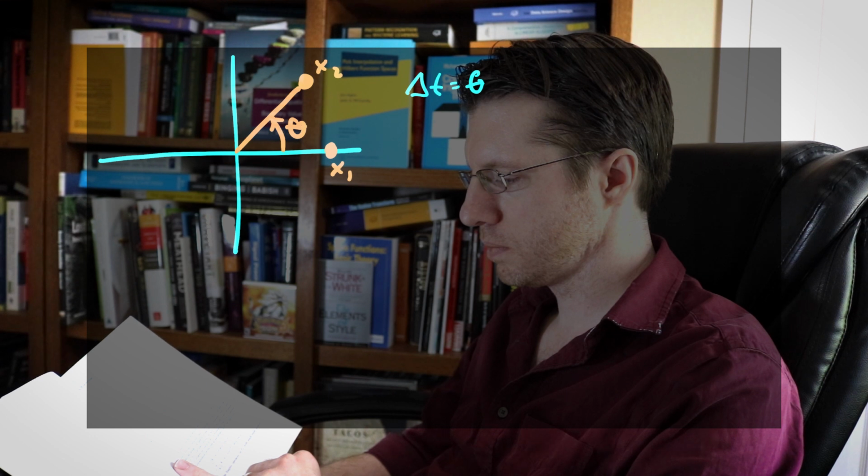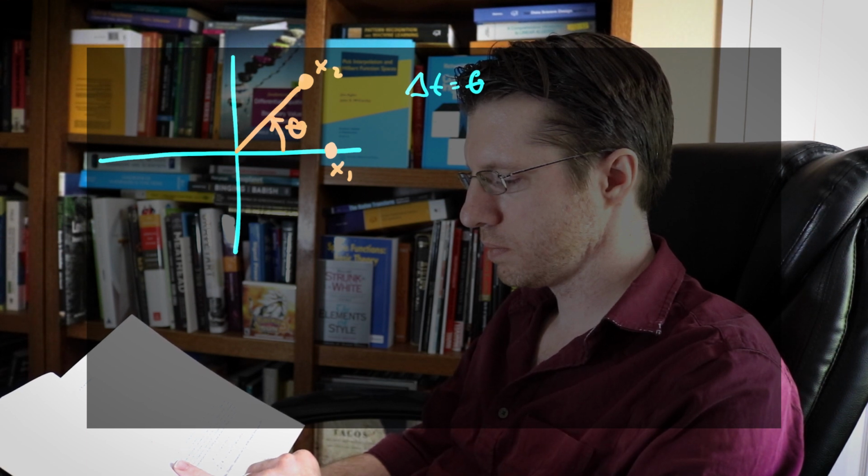We're going from, say, time point t1 to time point t2 by a difference of delta t. In the present context, that means we're rotating by a fixed angle, something like pi over 4 or pi over 2, 45 degrees or 90 degrees. And we're no longer looking at R2, we're looking at the complex plane.